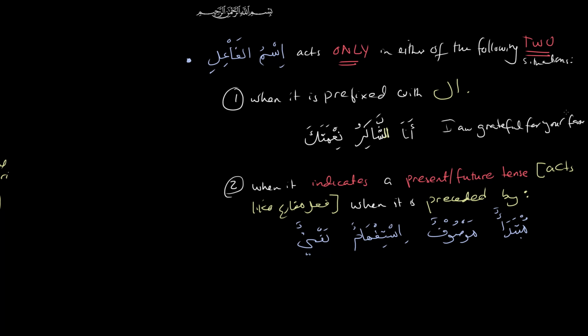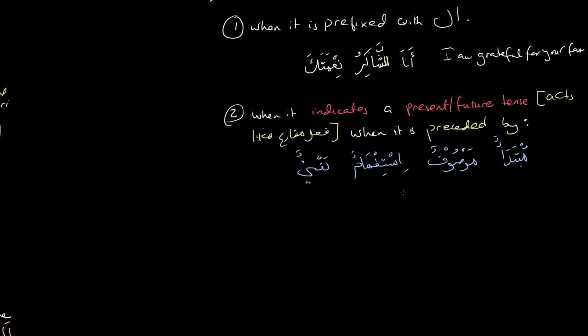So there are only five ways that ism fa'il is going to function, basically, and that is either with al, or it's mubtada, mawsuf, istifham, or nafyun that has to precede it. This is worth spending a little bit of time over here.